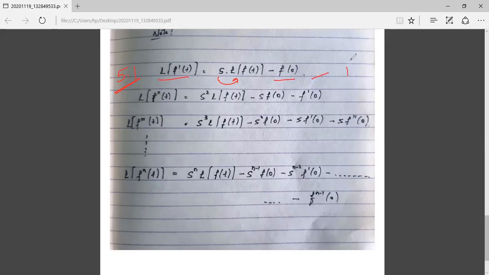This is your first derivative. And this is the double derivative: the Laplace transformation of f double dash of t is equal to s square times the Laplace transformation of f of t minus s times f of 0 minus f dash of 0. This is your second derivative.